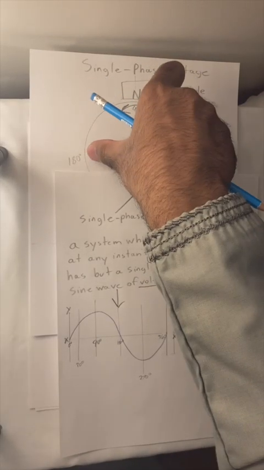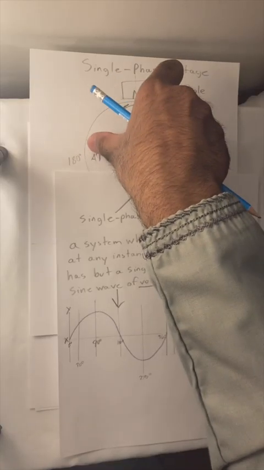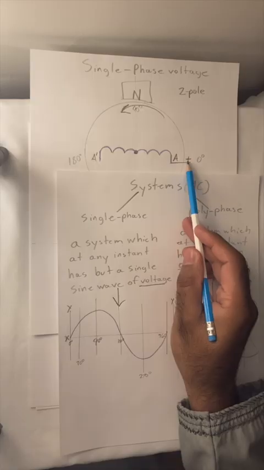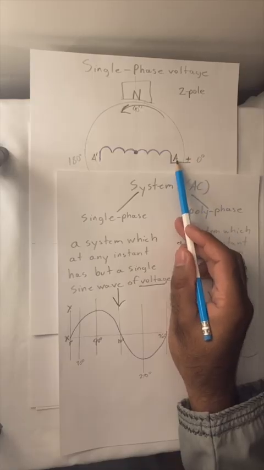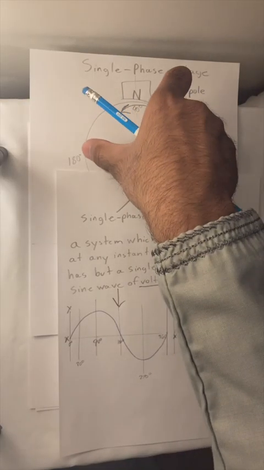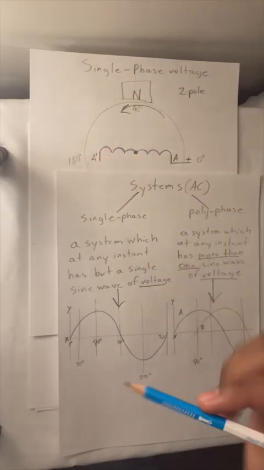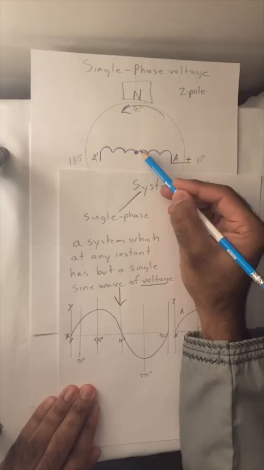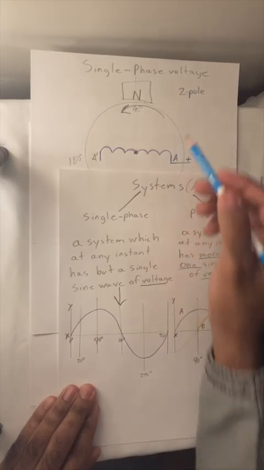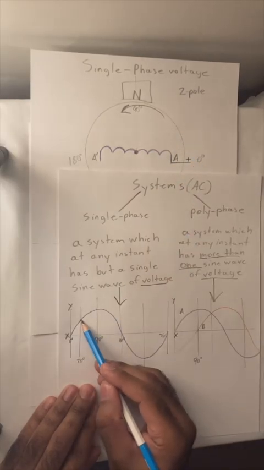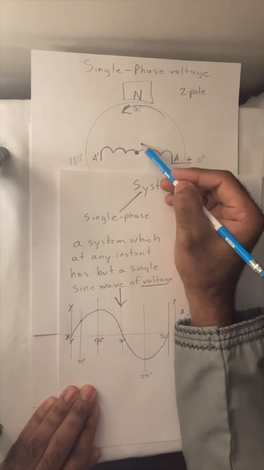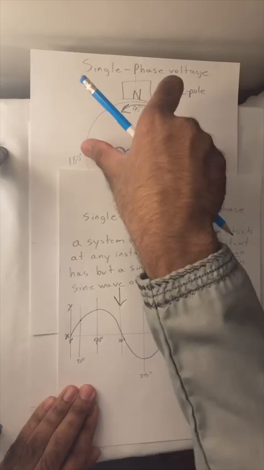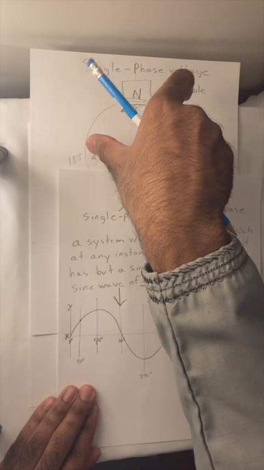When this winding is at this position, that is A is going to be here, there will be 0 volts. As A moves and it begins to be at about 30 degrees, the voltage will be at this magnitude here.